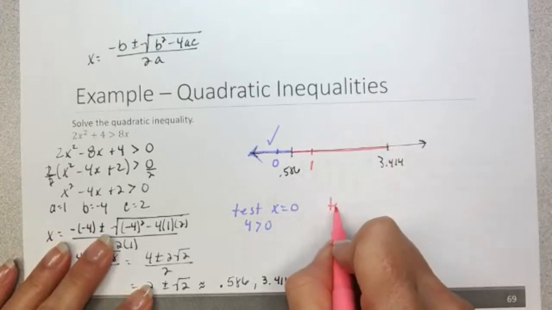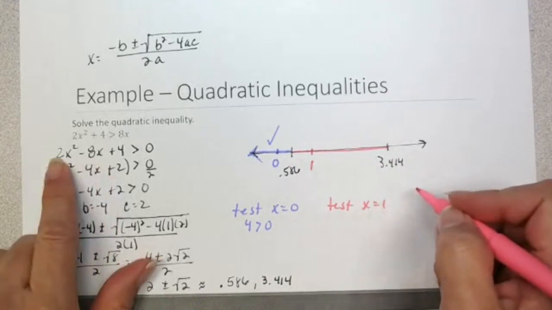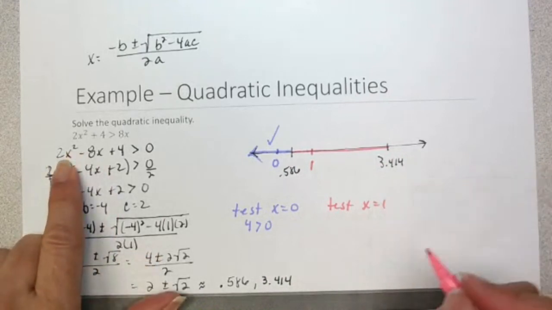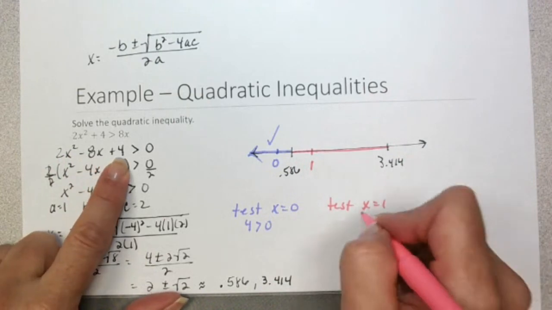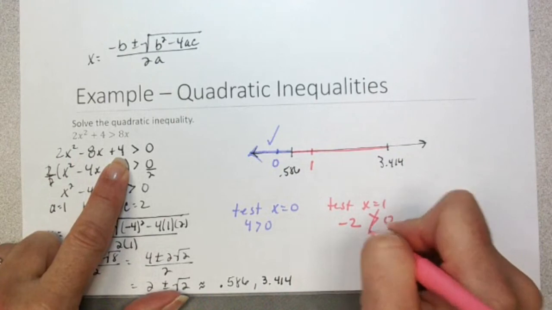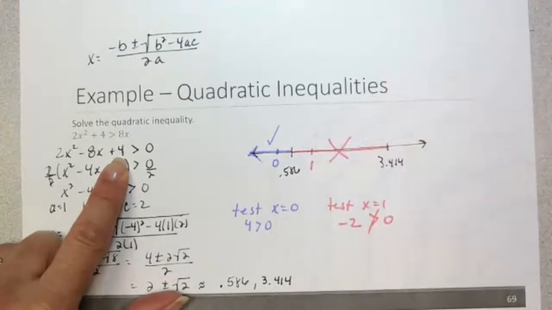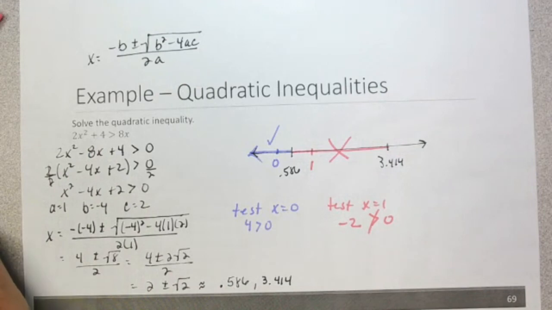Let's test 1. Okay, so if x is 1, 2 times 1 squared, that's 2 minus 8, that's negative 6 plus 4, that's negative 2. That is not greater than 0, so I don't want that middle interval. Now let's test this last interval here.